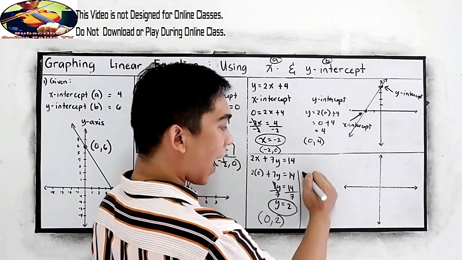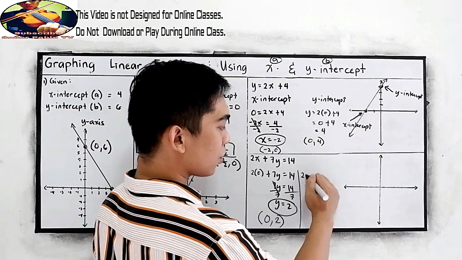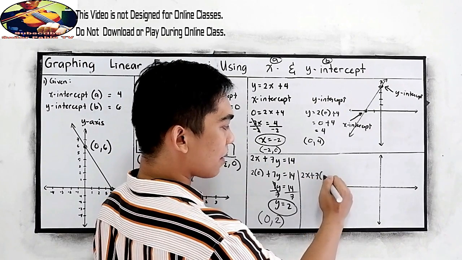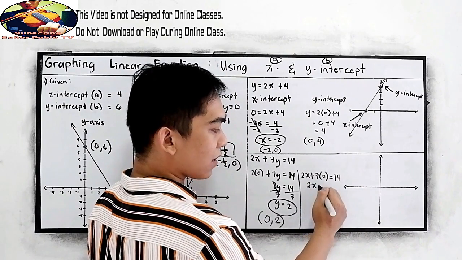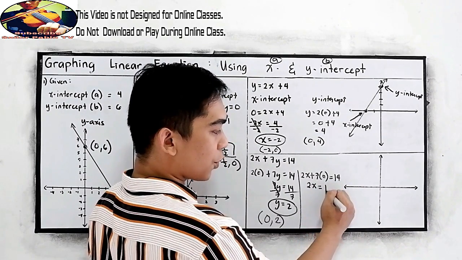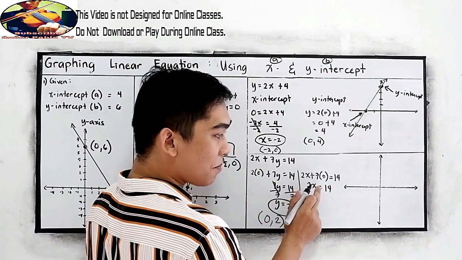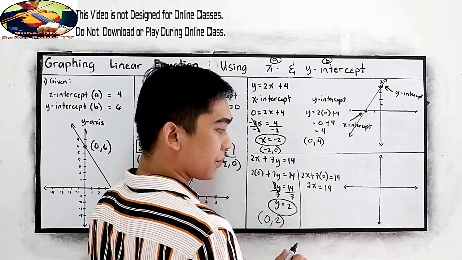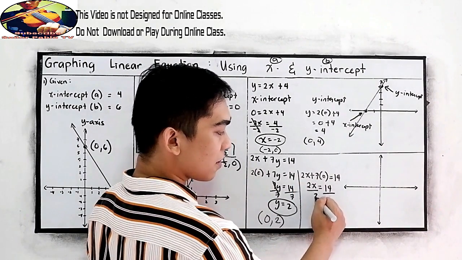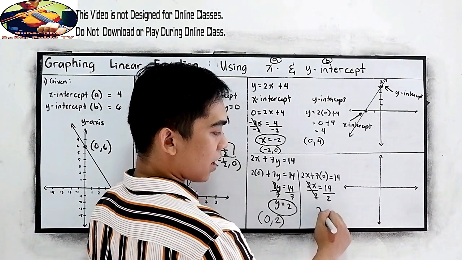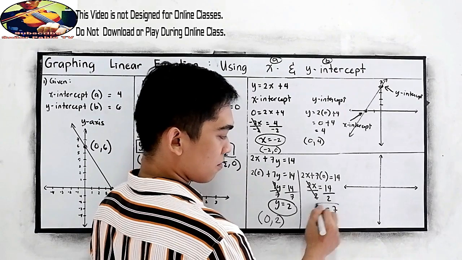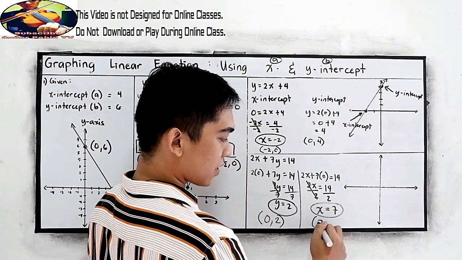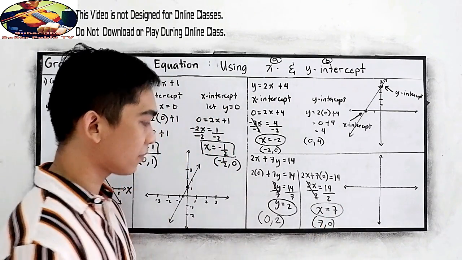And for the x-intercept, 2x plus 7 times 0 is equal to 14. So 2x is equal to 14. Because 7 times 0 is 0. So to find x, divide by 2, x is equal to 7. So our point is 7, 0.